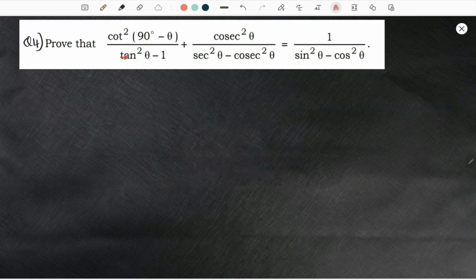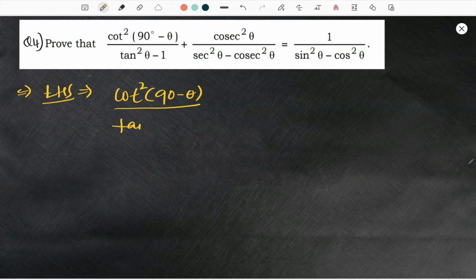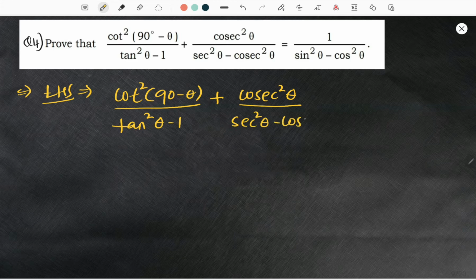That means all these things have to be converted into sin square theta and cos square theta form. Okay, let us start from LHS. What is the LHS given? The given LHS is cot square 90 minus theta divided by tan square theta minus 1, plus cosecant square theta divided by secant square theta minus cosecant square theta.